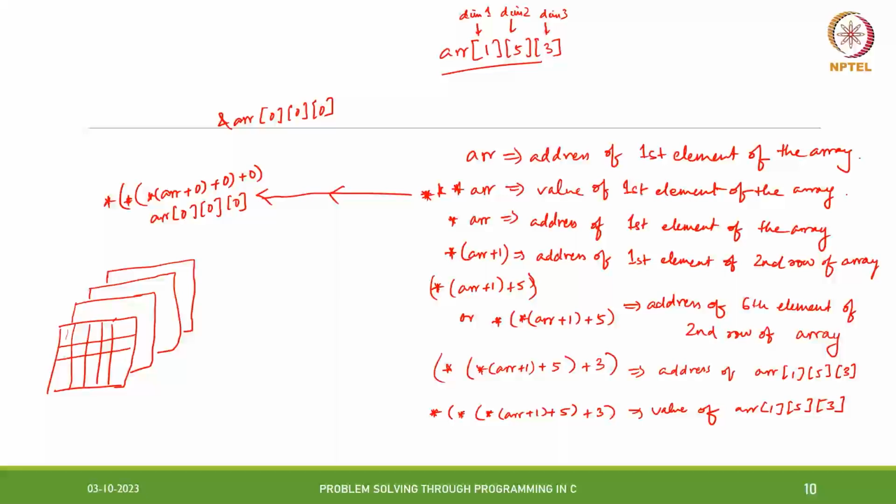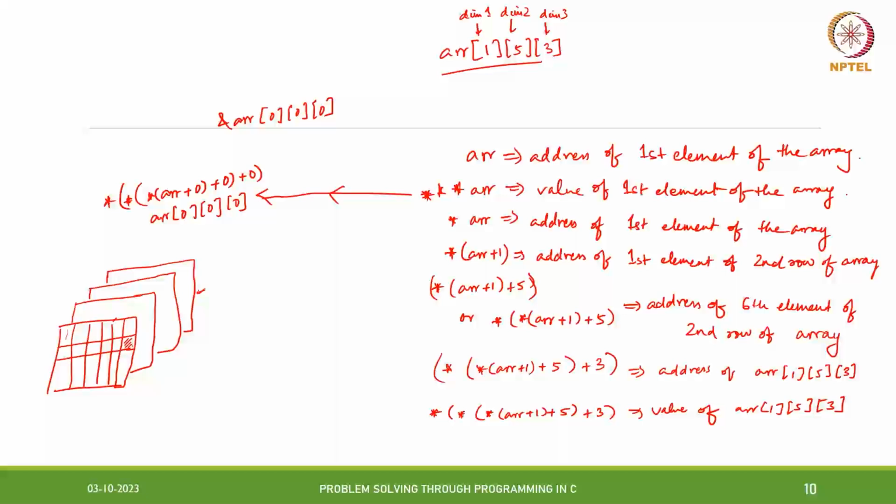Now if I say plus 3, that means I am now going along the sheets by 3 units. So I am going from the first sheet to the fourth sheet. Okay, so I am going to this particular sheet, this fourth sheet, and I'm pointing to the address of that particular element. So I was already, say, this is 1, 2, 3, 4, 5 and 6. Let's say this is the sixth element.